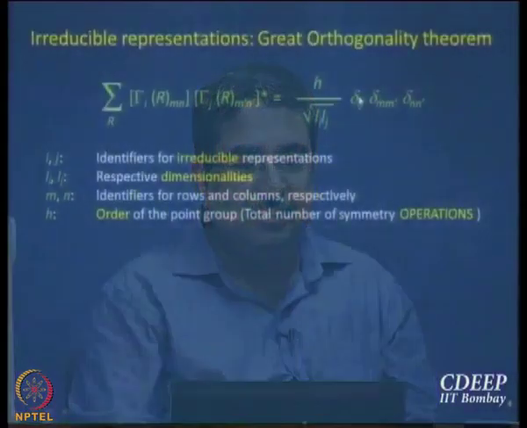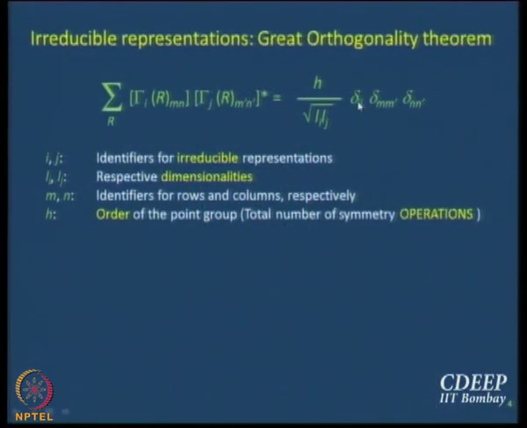If I equal to j, then this is 1, and once it is 1, it is the multiplication by 1, you do not have to worry about anymore. When m equal to m dash, this delta is 1. When n equal to n dash, this is equal to 1, right. So when all this is satisfied, what do you have on the right hand side? You have h divided by square root of Li actually. Square root of Li is what? Li, square root of that. And then what do I have on the left hand side then?